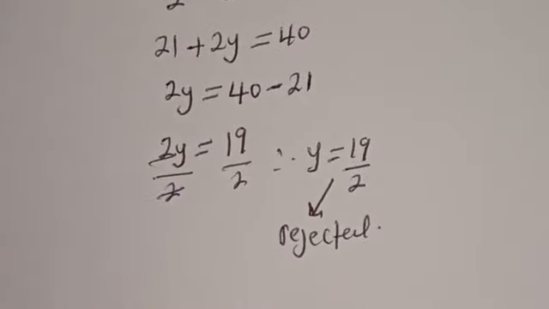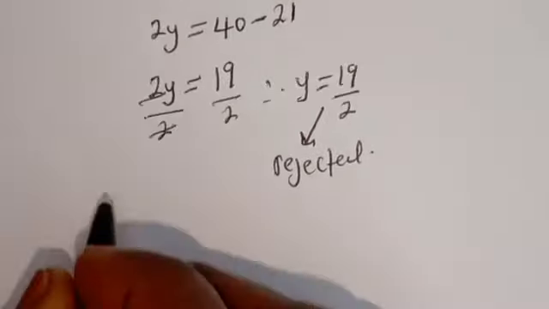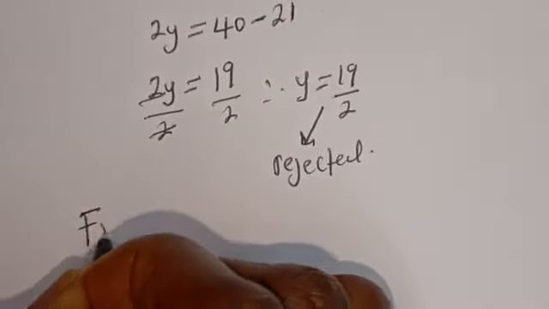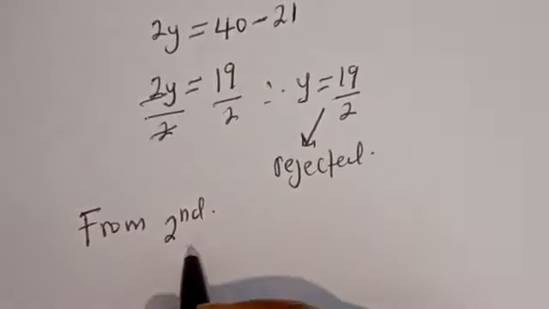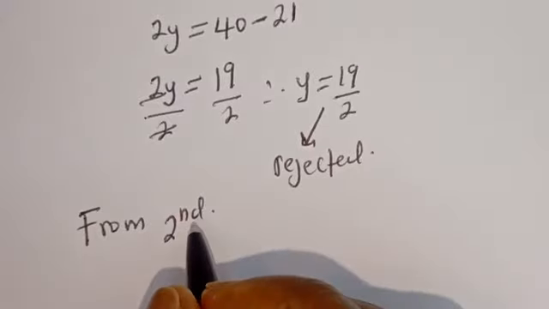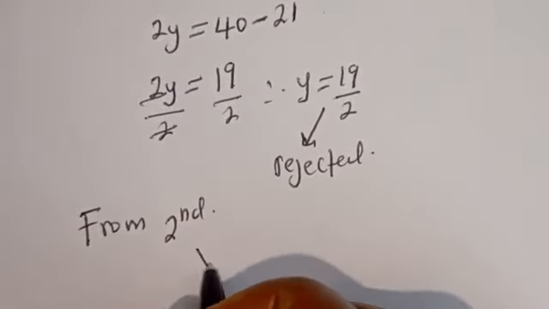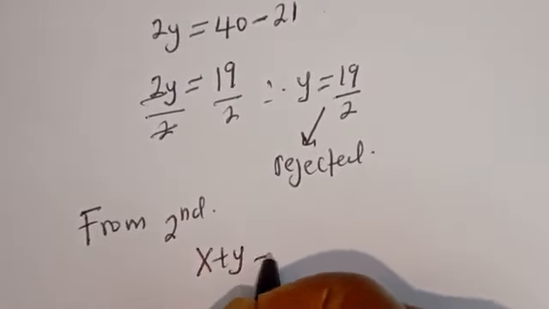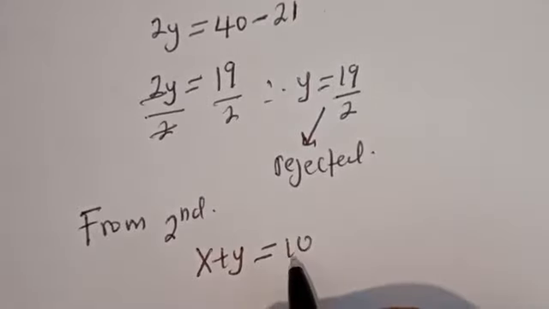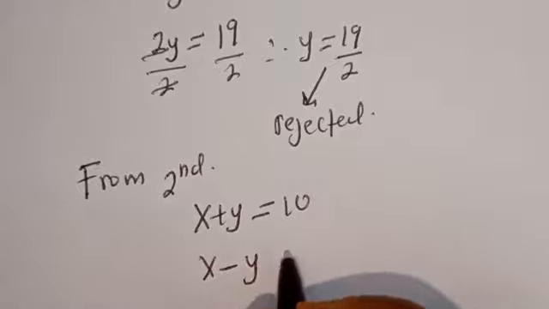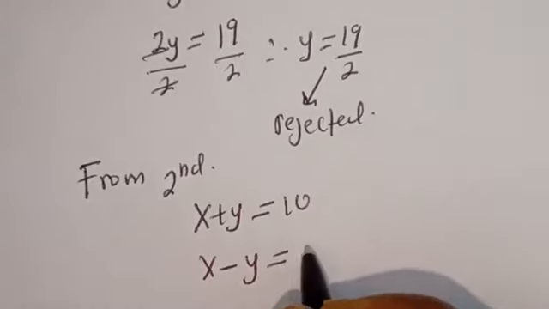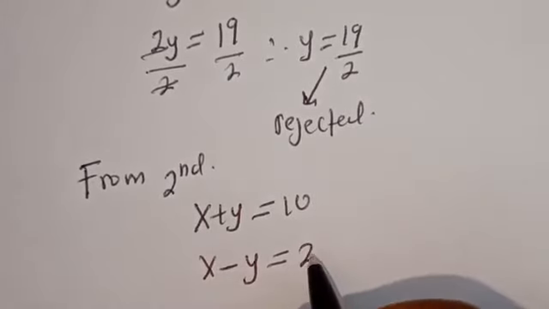Now, let's check the second case. From the second case, we have x plus y equal to 10. Then x minus y is equal to 2.